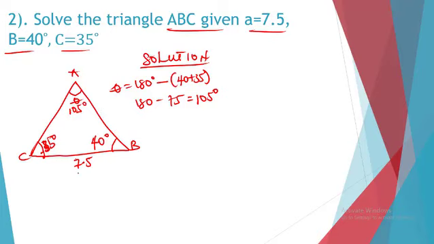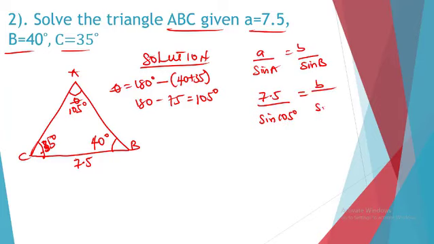Angle at A is given, side A is given. So to find the side B, we use A and B. A over sine A equal to B over sine B. Let us start. Our side A is 7.5 all over sine 105 degrees, equal to side B, which is not given, all over sine 40 degrees.